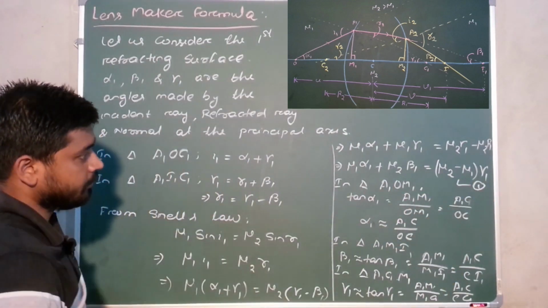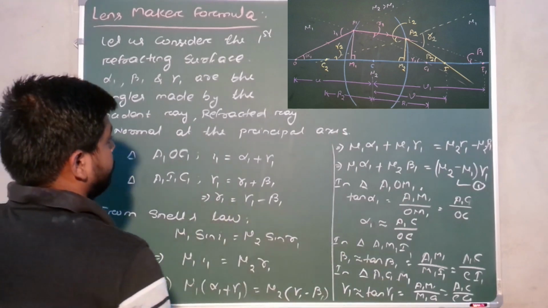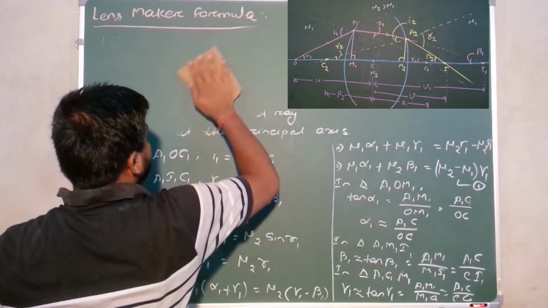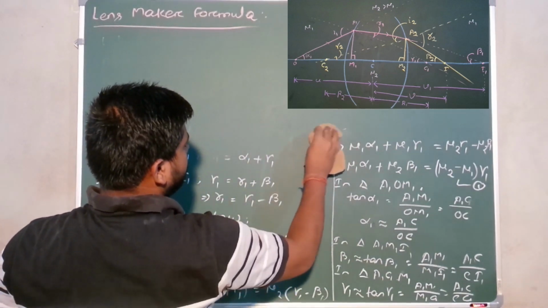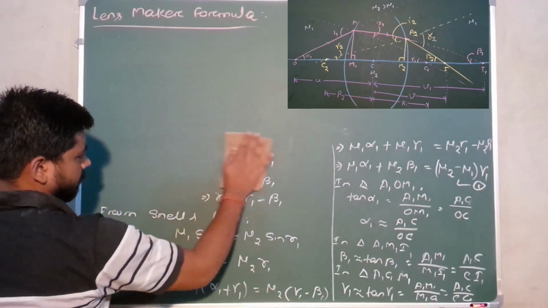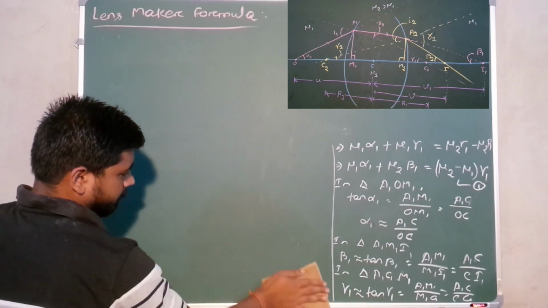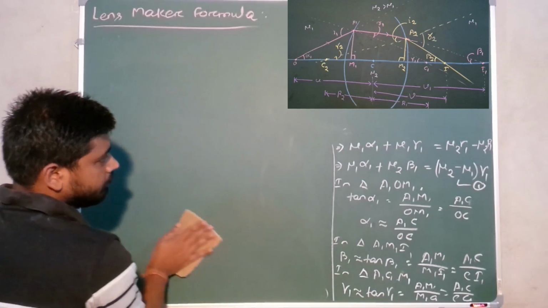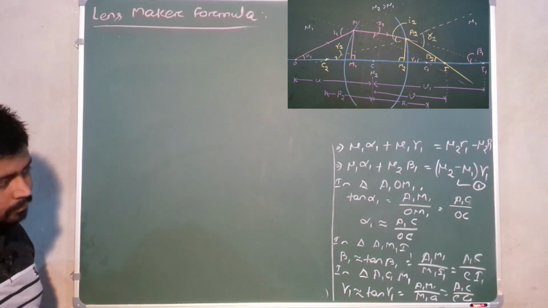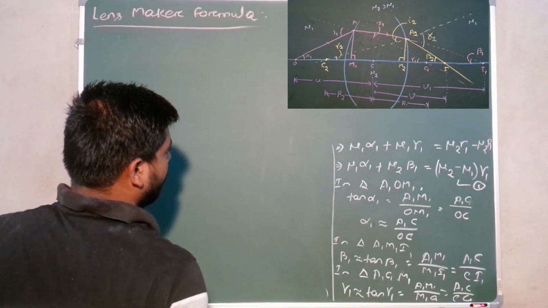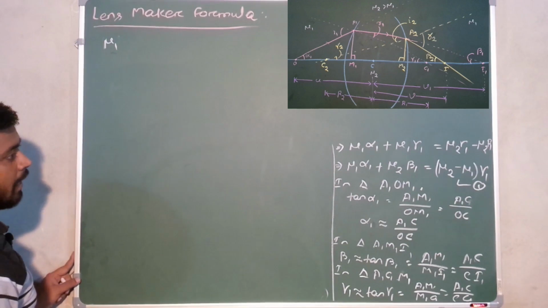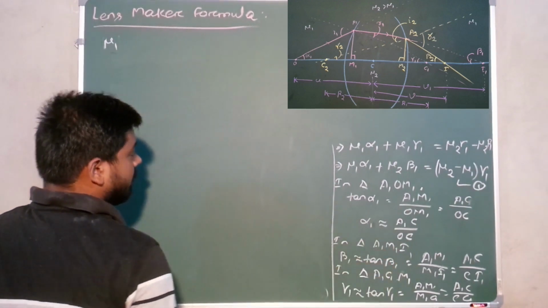Okay. Then just see how I put this in the equation. Mu1 alpha 1, right here. Mu1, in place of alpha 1, we can write A1C by OC. Yes or no?